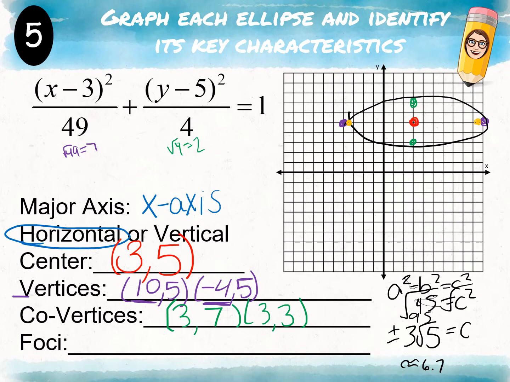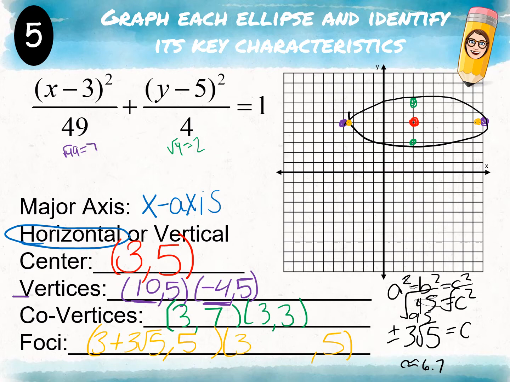So look at where those yellow dots are. Now I'm going to write them. This takes some practice. The y value stays the same as the center, so we're going to have comma 5 on both of these. Now, we want the center x value, which is 3, and we added 3 radical 5.